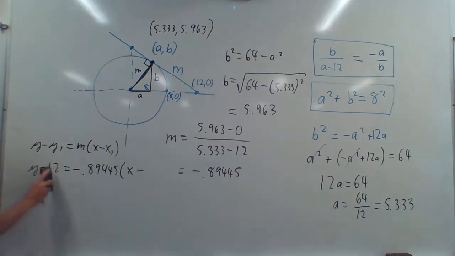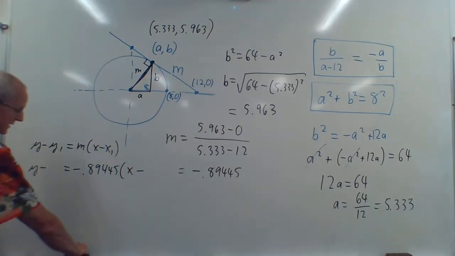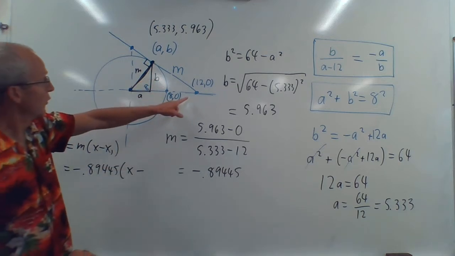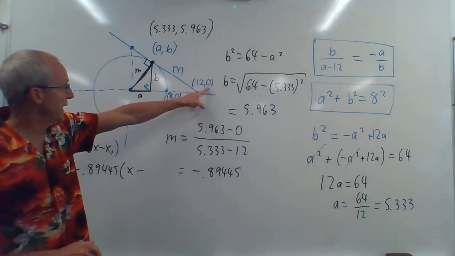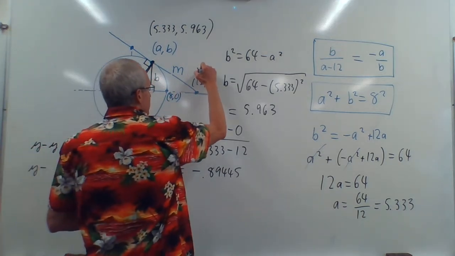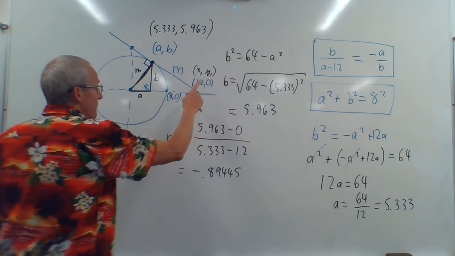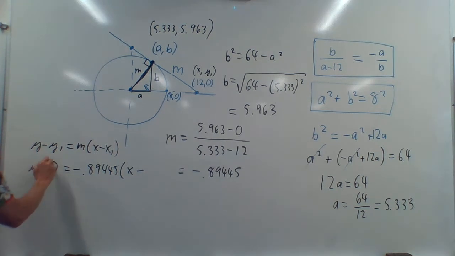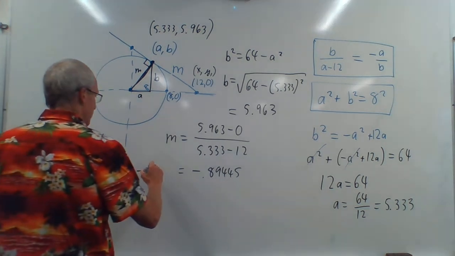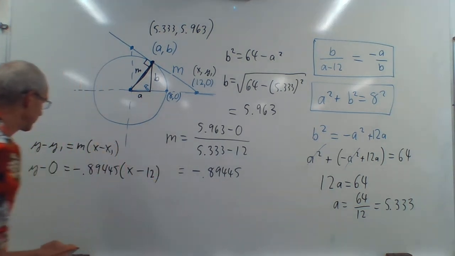See, I always do that. Don't get your x's and y's mixed up. It's always good actually to write x1 comma y1 so you don't get those mixed up. y1 is 0, y minus 0 is equal to this times x minus 12. The x value is 12.